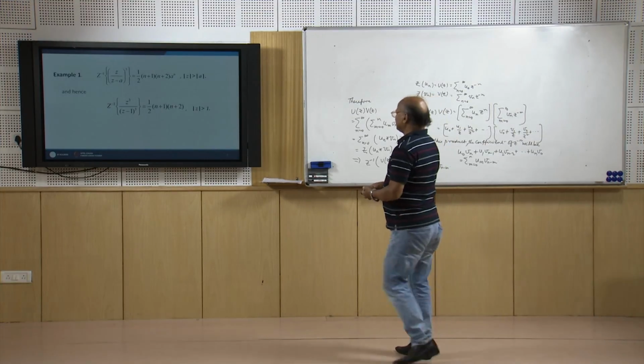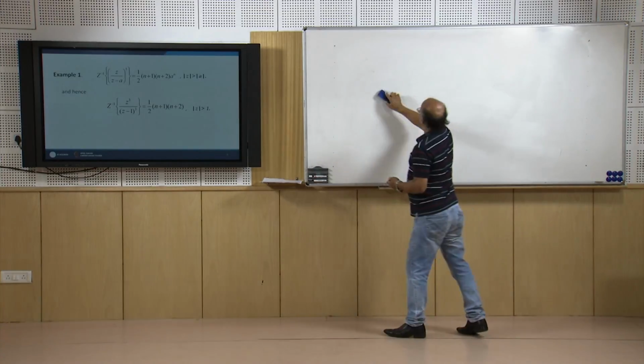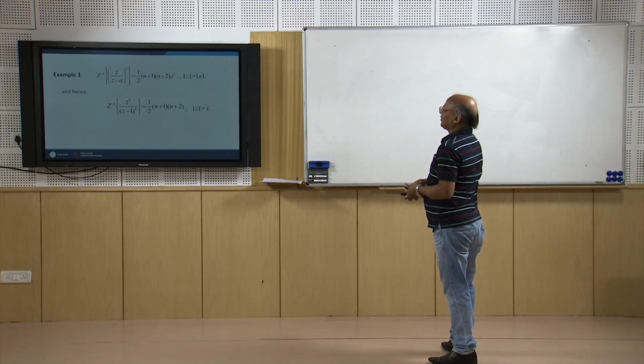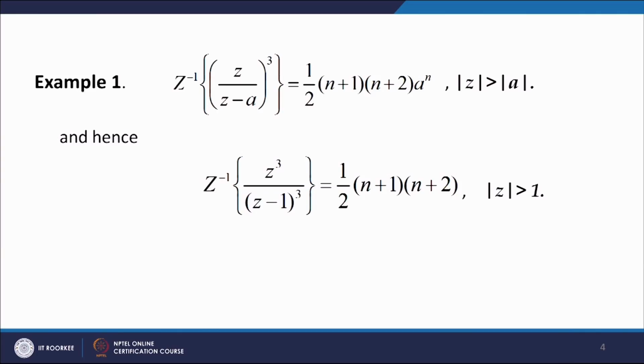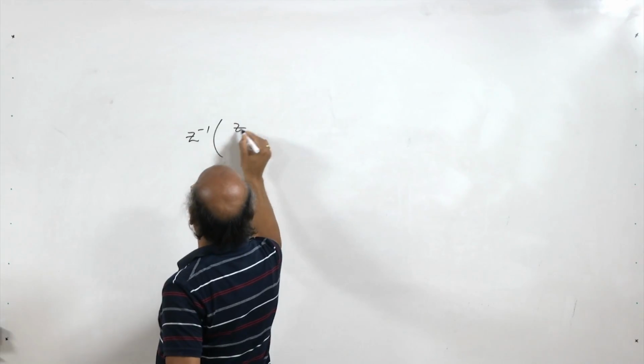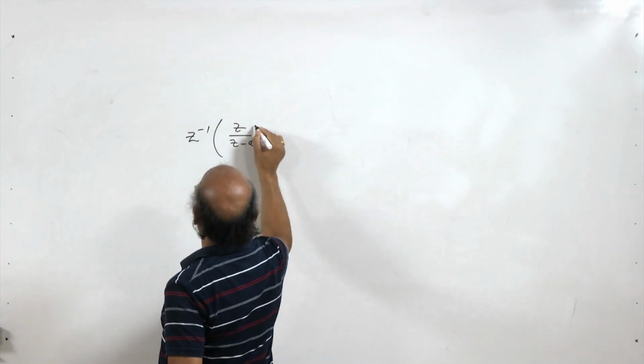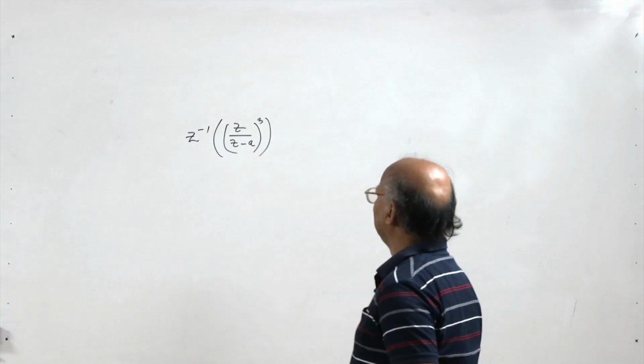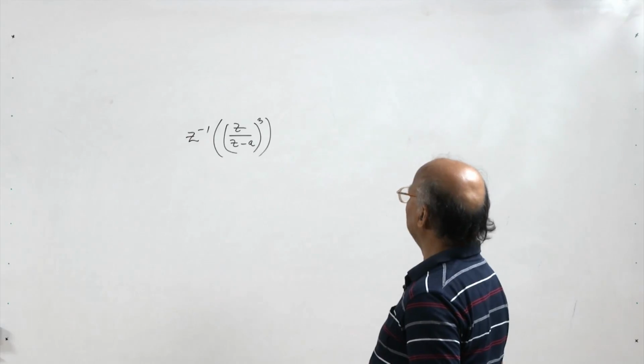Now, let us apply this theorem to find Z inverse transforms. Suppose we want to find the Z inverse of z over (z minus a) whole cube. This is our aim: we have to find the inverse Z transform of z over (z minus a) whole cube.